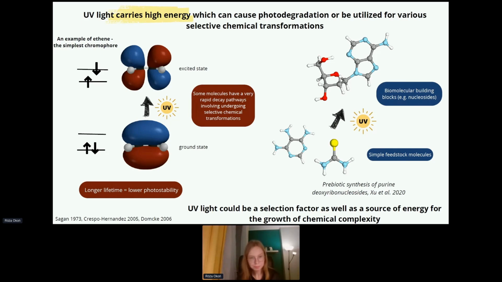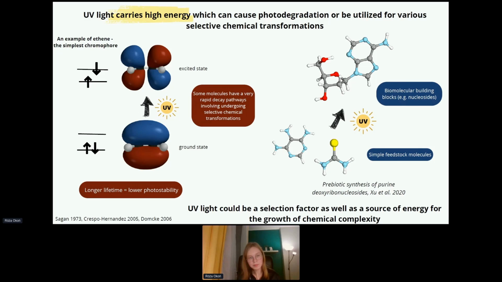But after the excitation, which is very closely related to the rise of the energy of the molecule, we observe separation of paired electrons, resulting in a molecule in an excited state, which is often very reactive, very unstable, and very likely to undergo a variety of different chemical transformations.